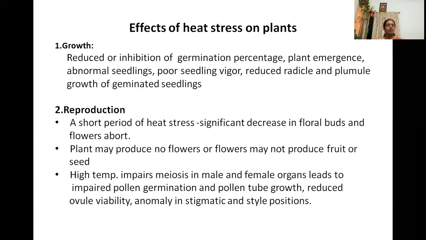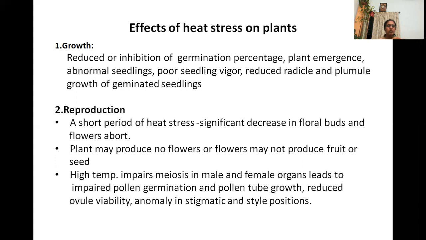And now let us consider the effects one by one. The effects of heat stress on plants. Growth. It's the normal one each and every plant will have. That is the effect of heat on growth. The first and foremost thing is there is reduction in growth, reduced or inhibited germination percentage.